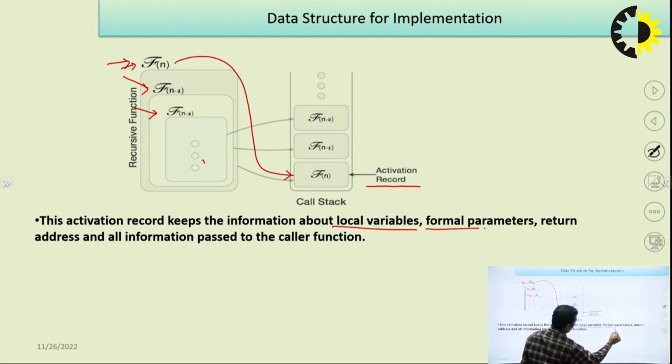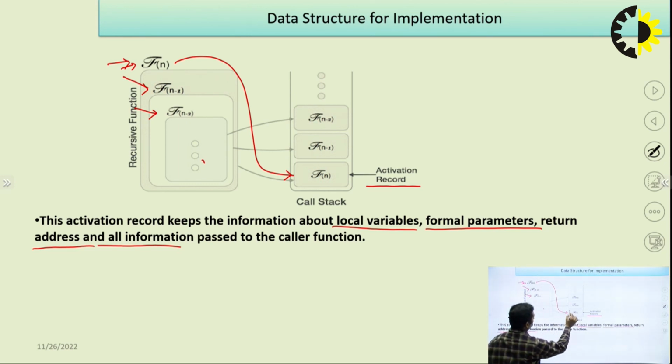Local variables, formal parameters, and return address, that is, where to return. This activation record keeps the different information related to this particular function, and for each recursive call this record is maintained.